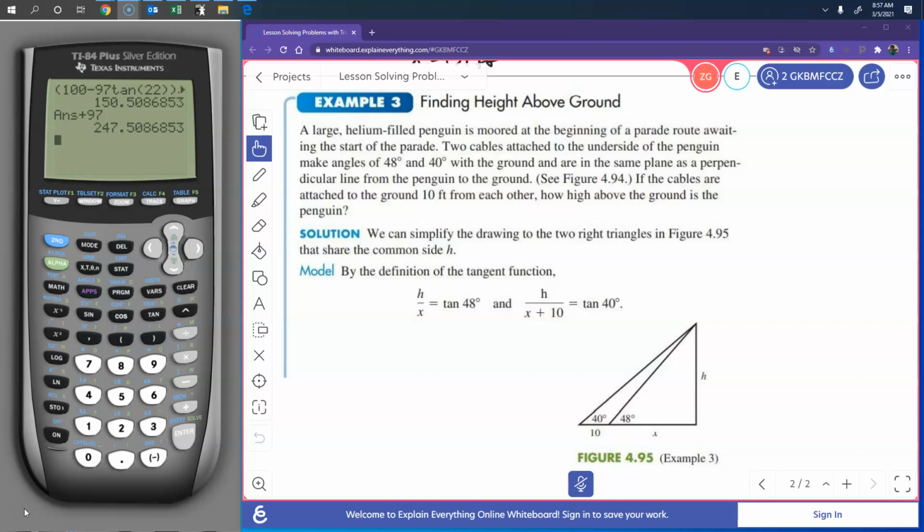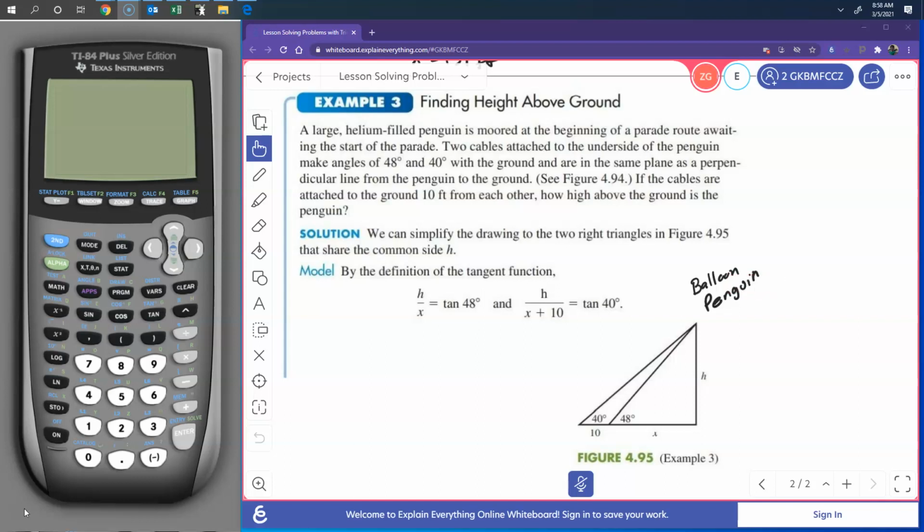So, just so you know, the balloon penguin is right there.